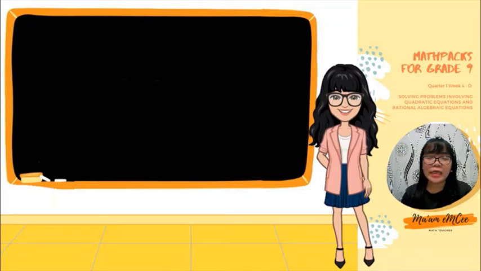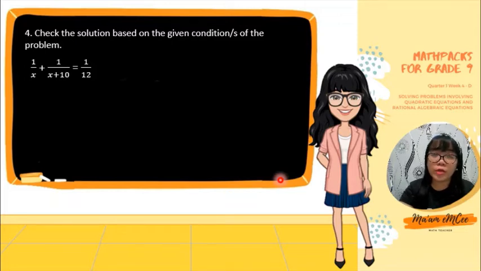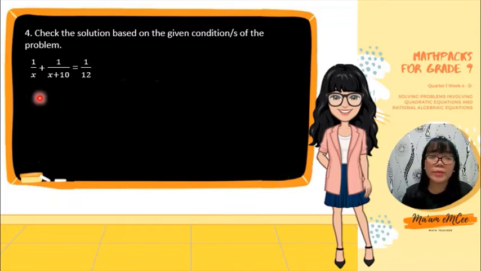So the next thing that we need to do is, of course, to check the solution based on the given condition or conditions of the problem. So we will go back to our original equation, which is 1 over x plus 1 over x plus 10 is equal to 1 over 12. This is our working equation.